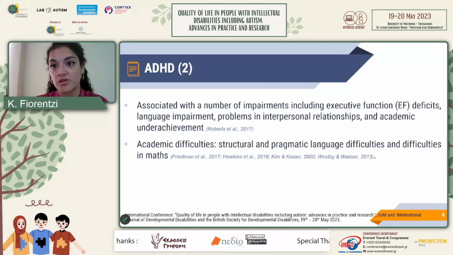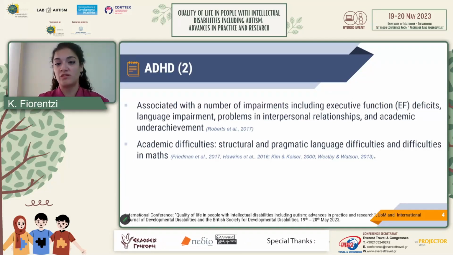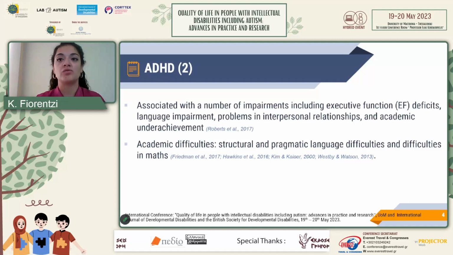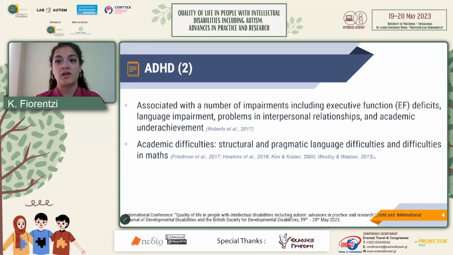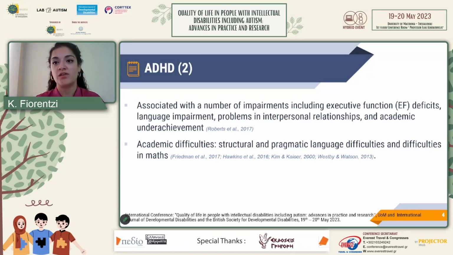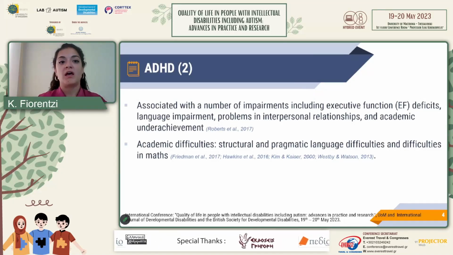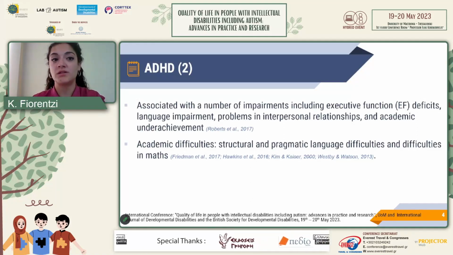However, it is very important that we have substantial evidence suggesting that we have language impairments, and in more detail, we have difficulties in discourse organization, in articulation, in phonological awareness, phonological processing, in syntax, and of course in pragmatics. Pragmatics are an area that is deficient in ASD as well. We also can see some difficulties in mathematical achievement.